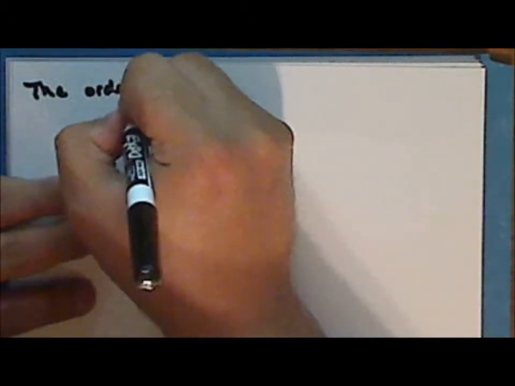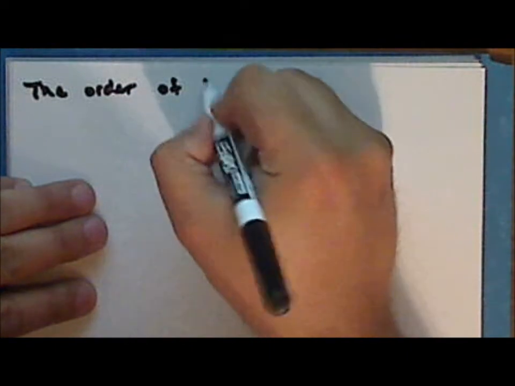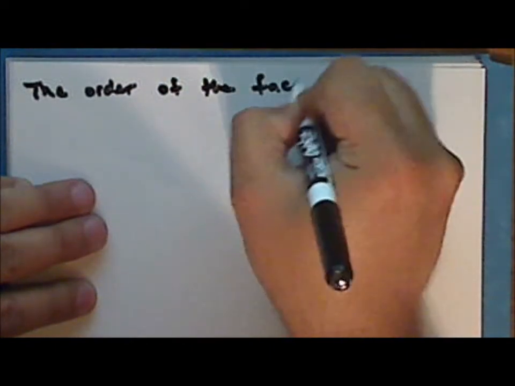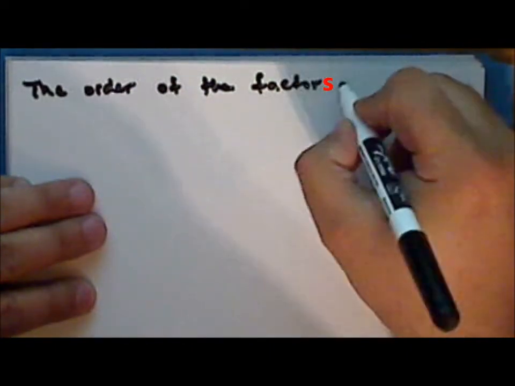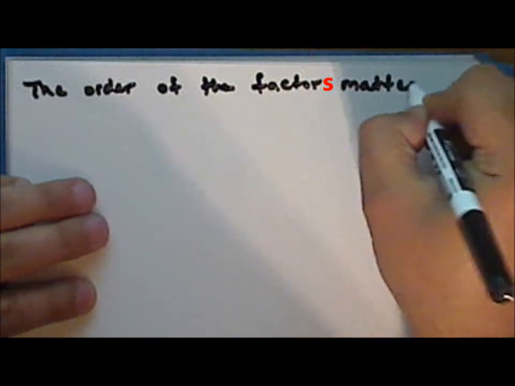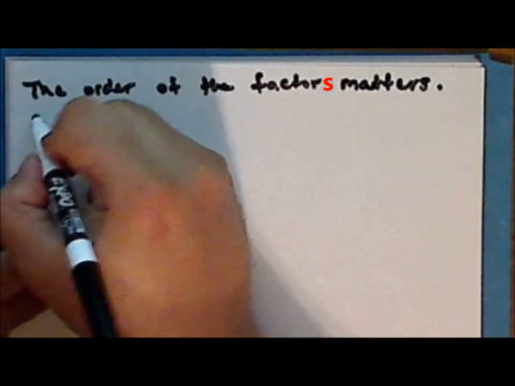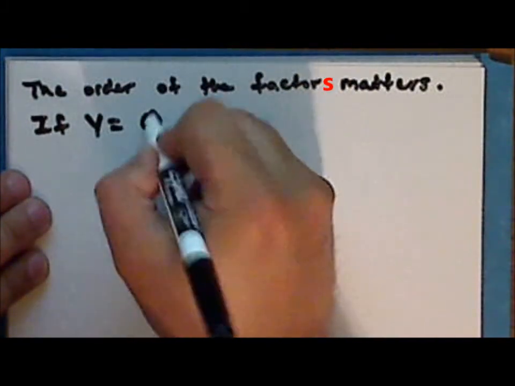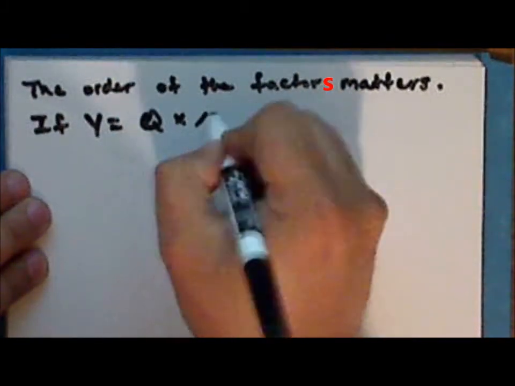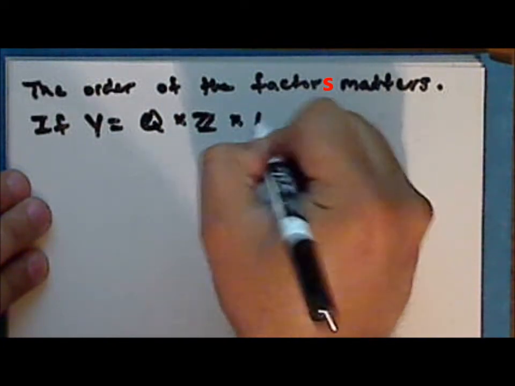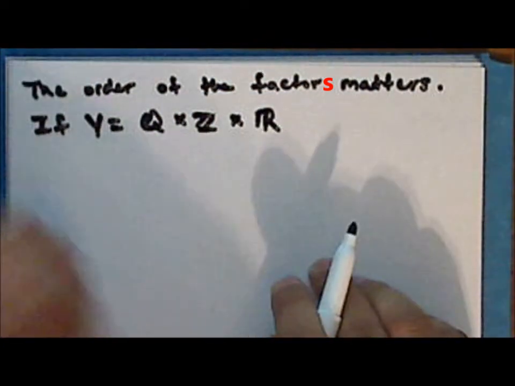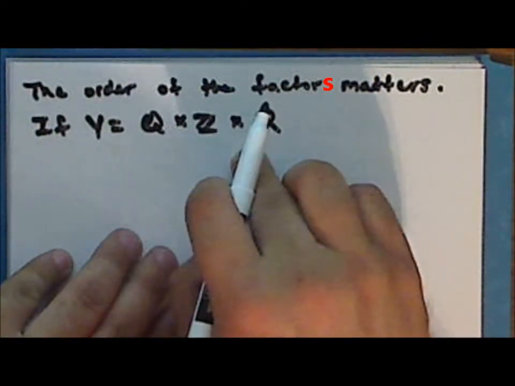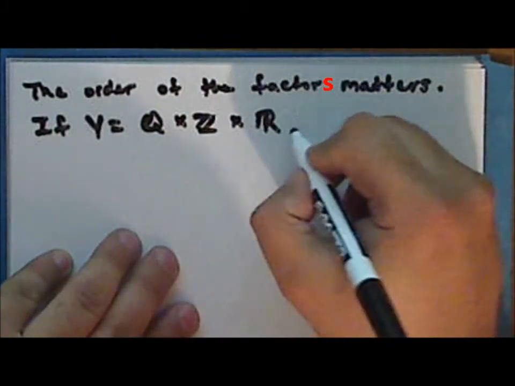Now the order of the factors matters. If Y is the Cartesian product of the rationals with the integers with the reals, then we still have the same factors, but the order is now different.